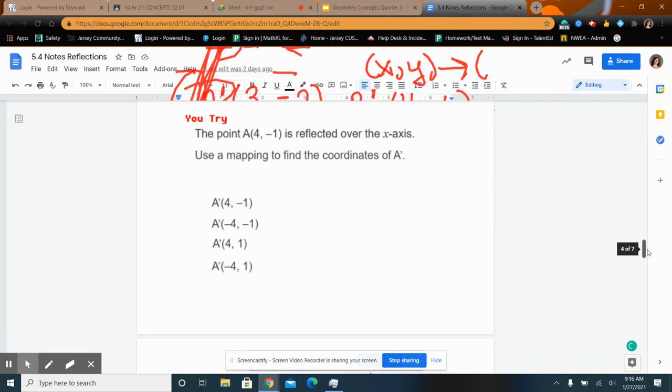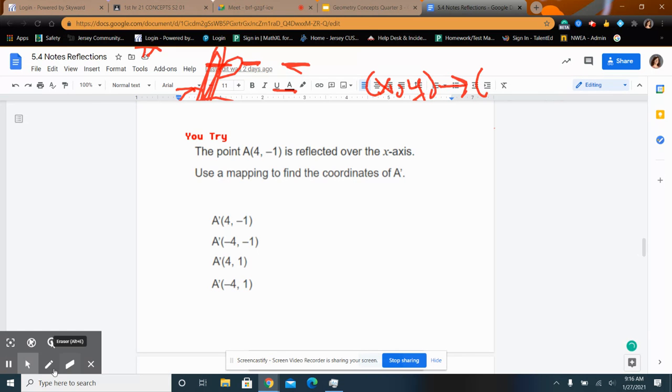Okay? Now everybody look. This one says you have to use the right code too. You can't use the wrong code. This says x-axis. That's the same one we just did, isn't it? Okay, so here is the point. Where is the new point going to be? Here are your choices.